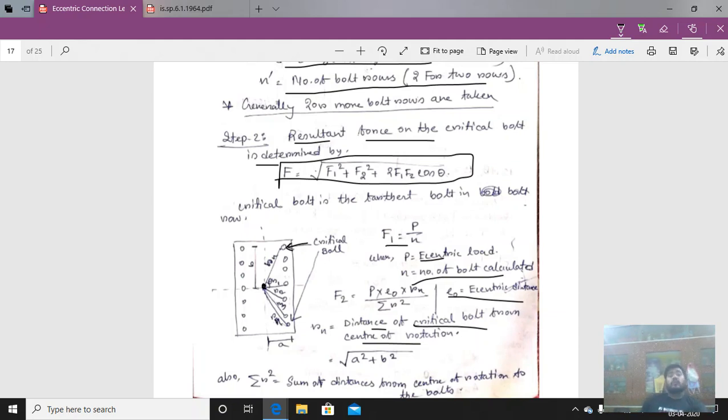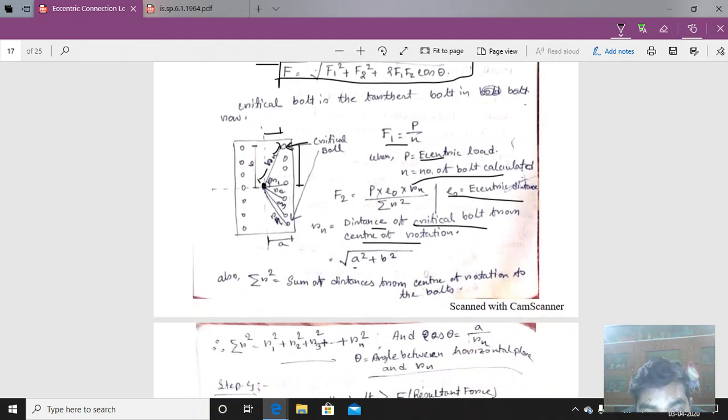If we know these two distances, we can determine Rn as the square root of A square plus B square.